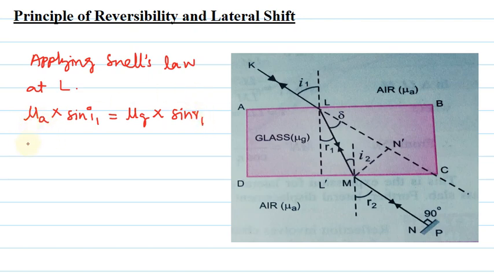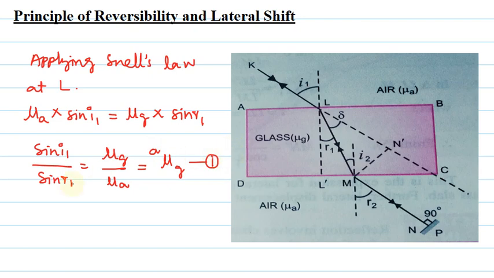So we can write this as sine I1 by sine R1 is equal to mu G upon mu A. This mu G upon mu A can be written as mu subscript G superscript A. Let me represent this as expression 1.